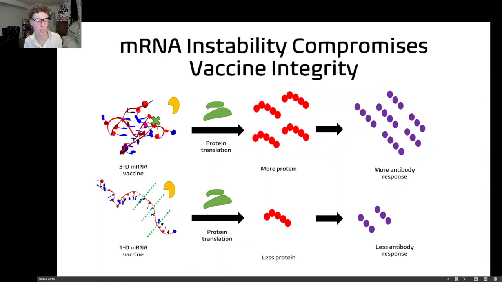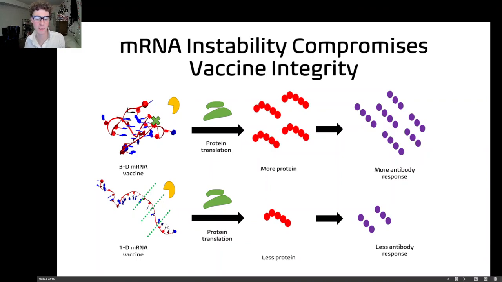This 3D topology can actually protect it from ribonuclease-mediated attack, which in turn, once it reaches a host cell ribosome, can be translated into more protein, which serves as B-cell memory ammunition so that when the virus infects you, you'll have more antibodies to respond and prevent severe illness.